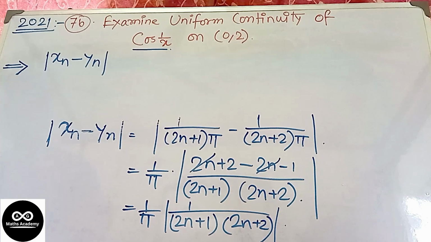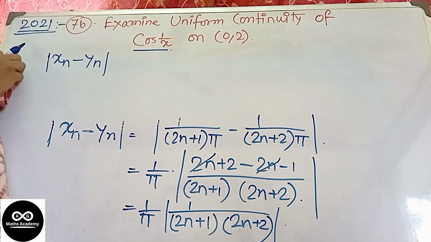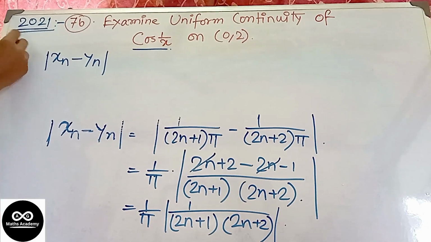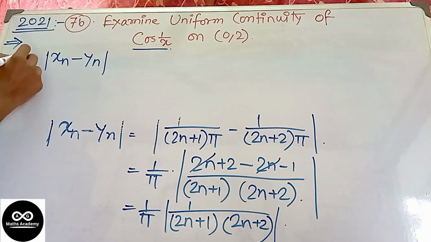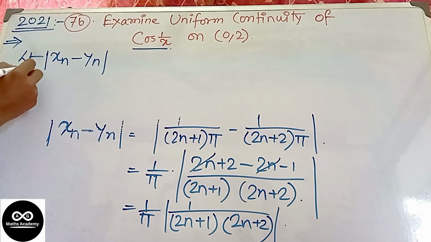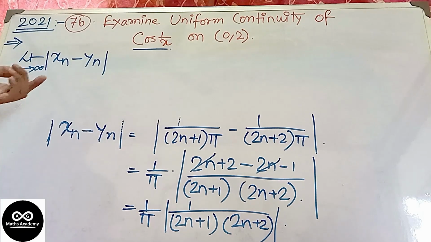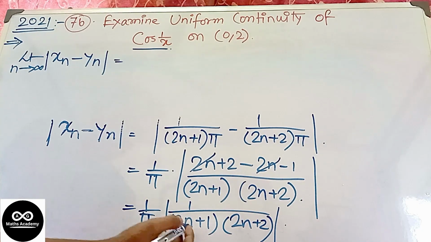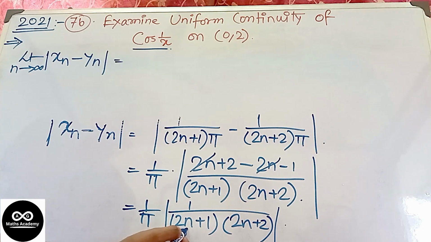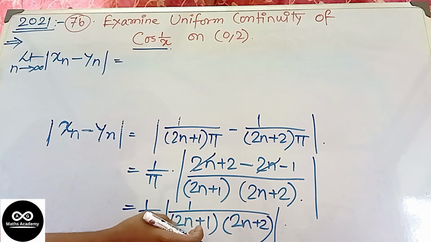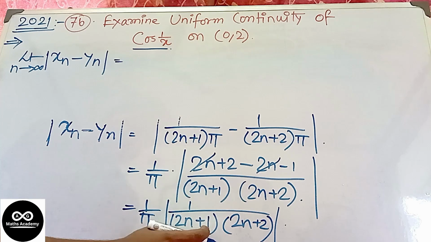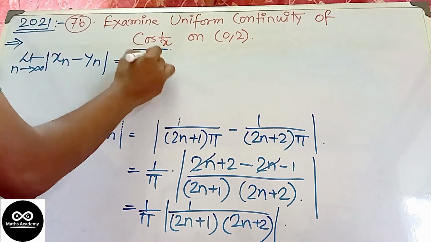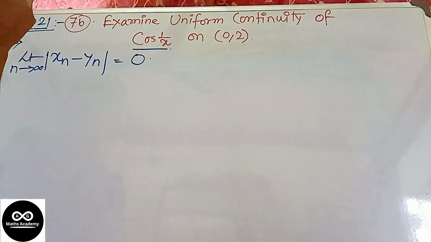Now the limit as n tends to infinity of this will be 1 by infinity, and it will be 0. So this will be 0.